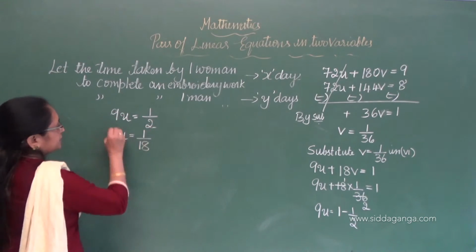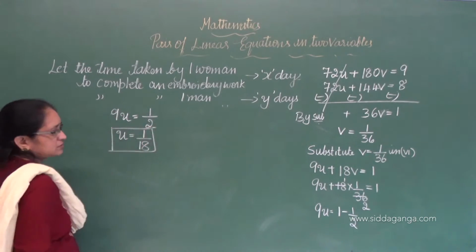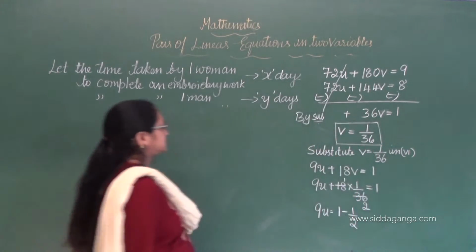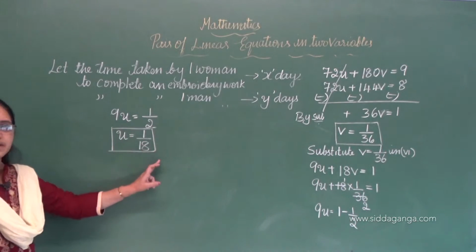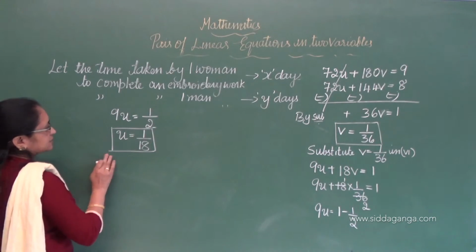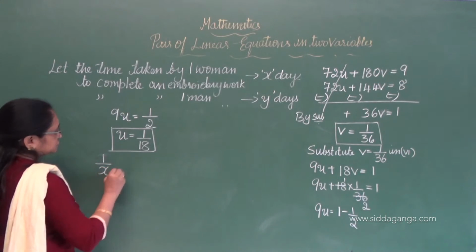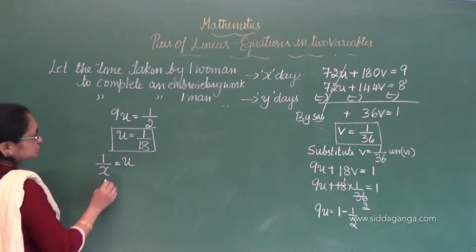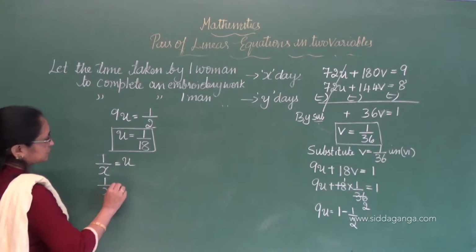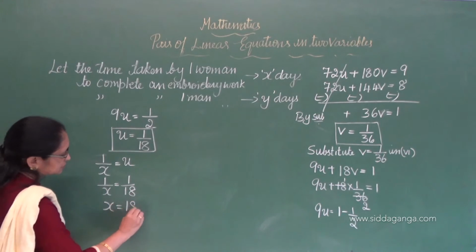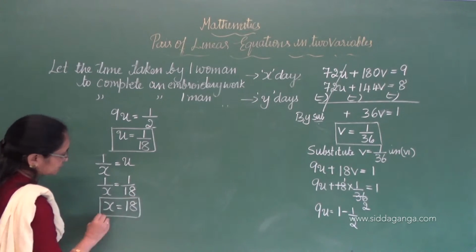Now what we got: v is equal to 1 by 36 and u is equal to 1 by 18. And we had taken 1 by x is equal to u. So 1 by x is equal to 1 by 18. So x is equal to how much? 18. x is equal to 18.